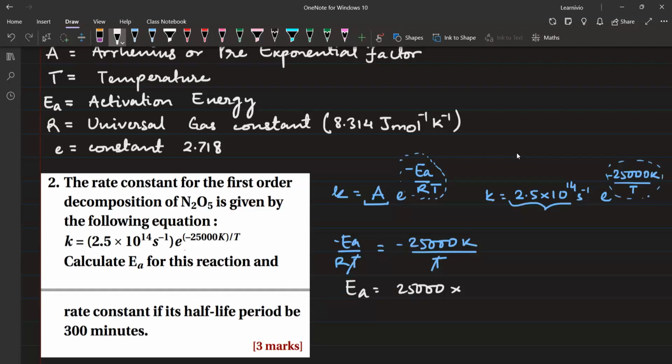The value of R is what? 8.314. Once you multiply these two numbers, you will get the Ea. Make sense? Yes or no? Please tell me, guys. Yes. Calculate कर लीजिए जरा.